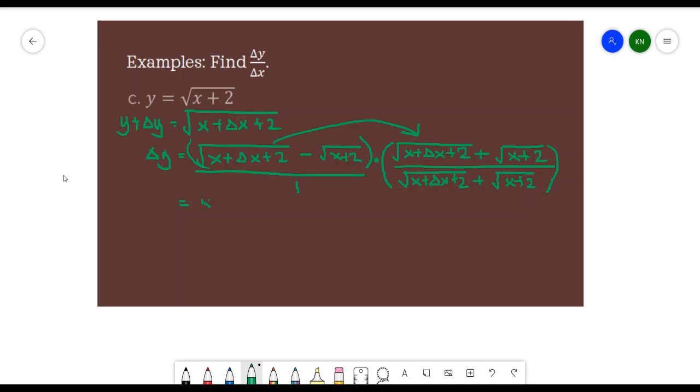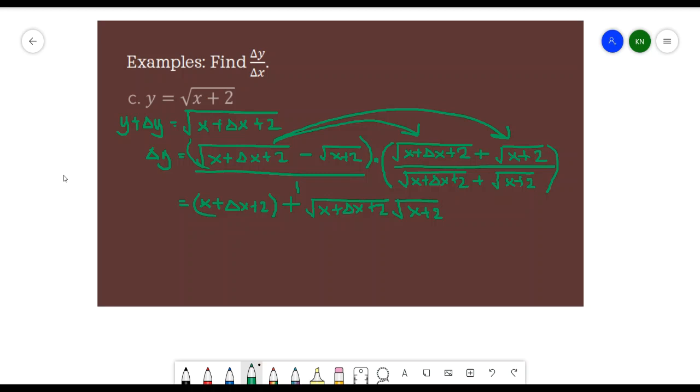So we have x plus delta x plus 2, and we also have to multiply this to this one. So we have plus square root of x plus delta x plus 2 times square root of x plus 2.